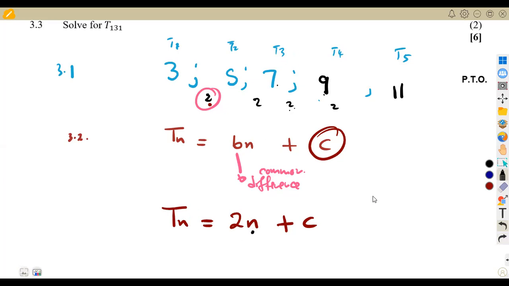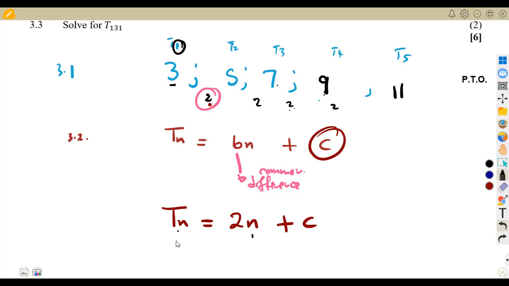You can use that as an advantage now to get the value of C, because these numbers here represent n. So for T1, when n is 1, I'm going to have 3.